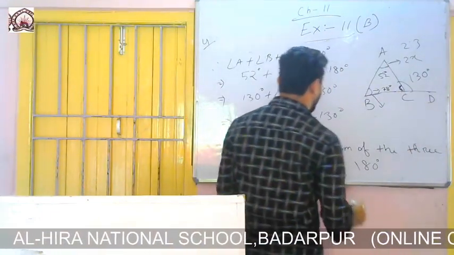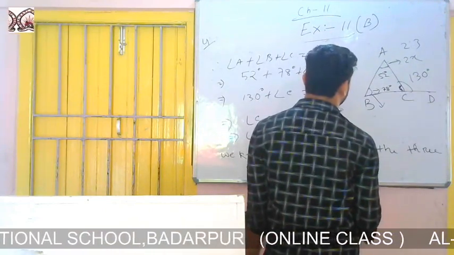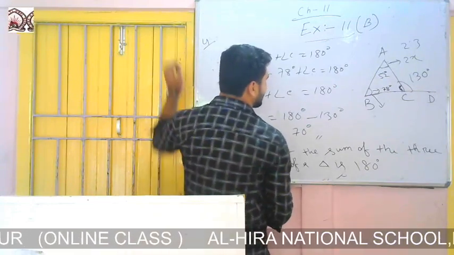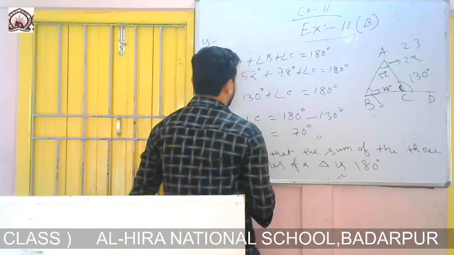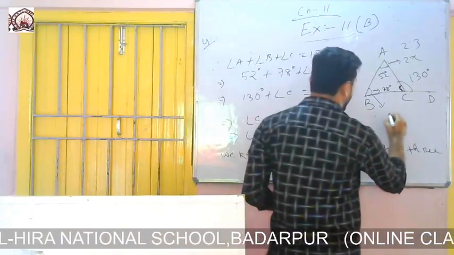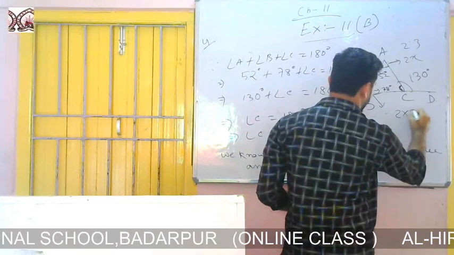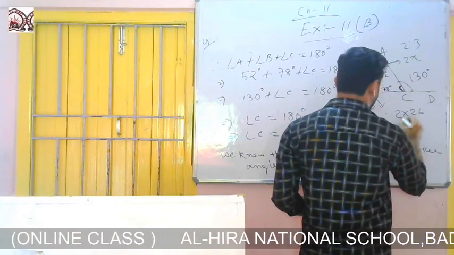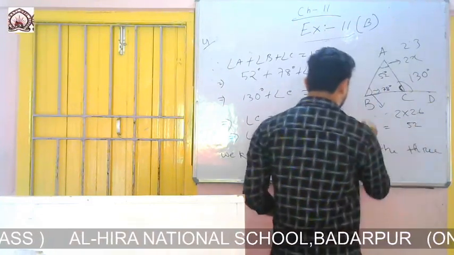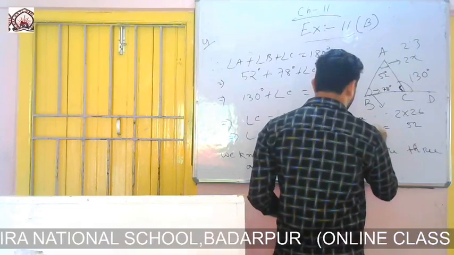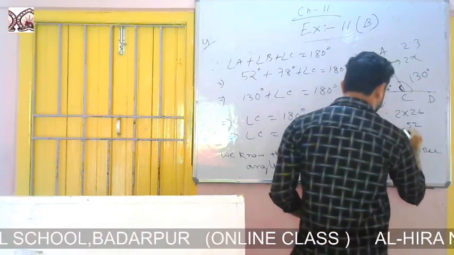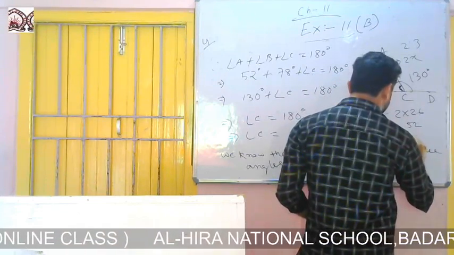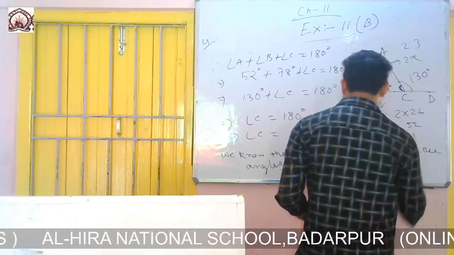Just check again. What are the other two angles? 2 into 26 equals to what? 6 2 are 12 and 2 2 are 4 and 1, 5, 52. And another one is thrice x, that means 3 into 26, 3 6 are 18 and 1, 3 2 are 6 and 1, 78.